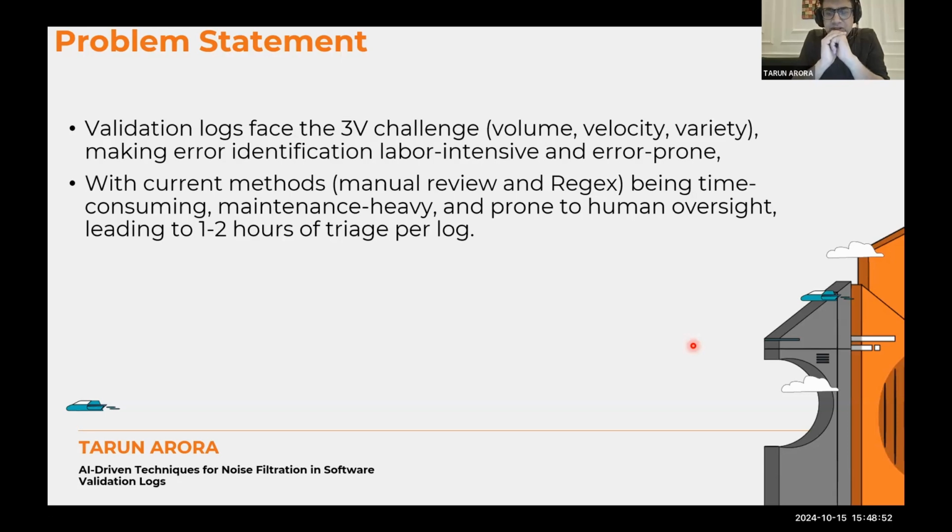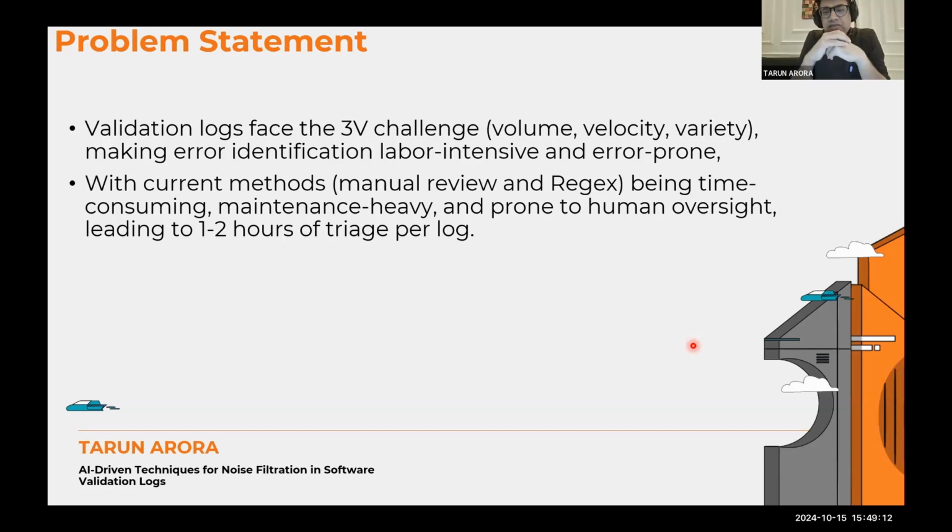When I'm saying labor intensive, it means even if you try to write a script, you cannot rely on that one script to solve the purpose, because the scripts will have to be adjusted, written, managed, and changed for different formats and different types.